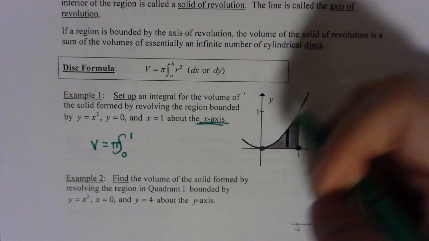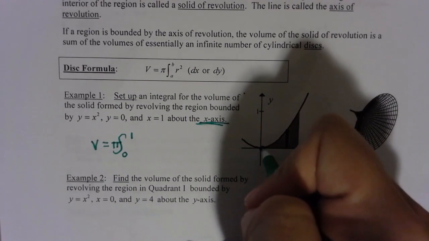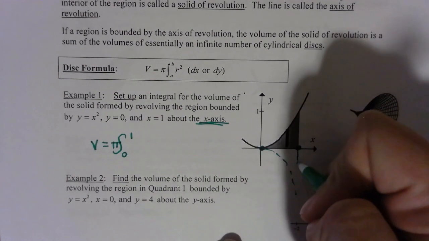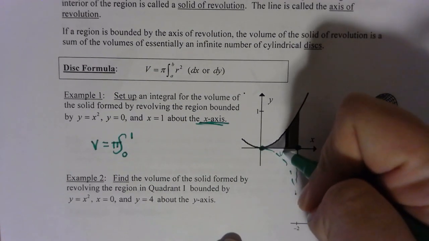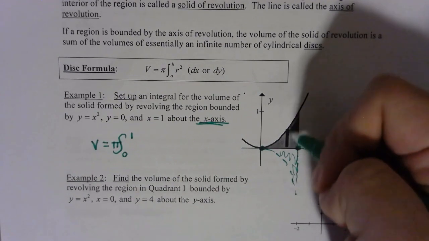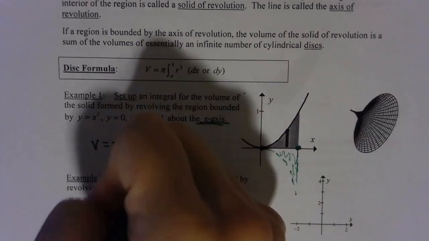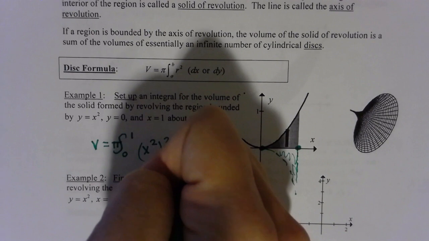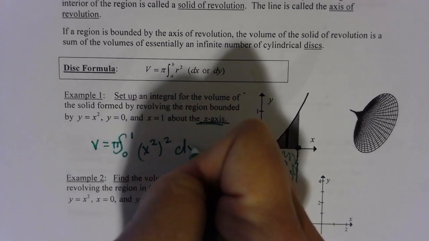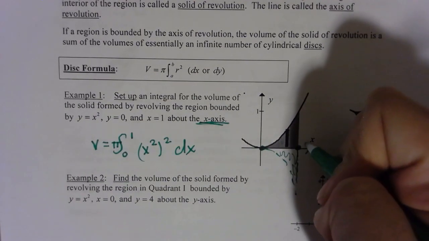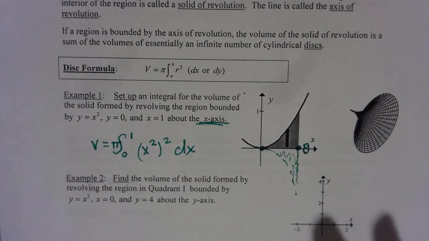Because if we actually rotated it, we would be finding the volume of this whole thing. So x squared is actually the radius, squared, and we're in dx's because we are rotating it around the x-axis.